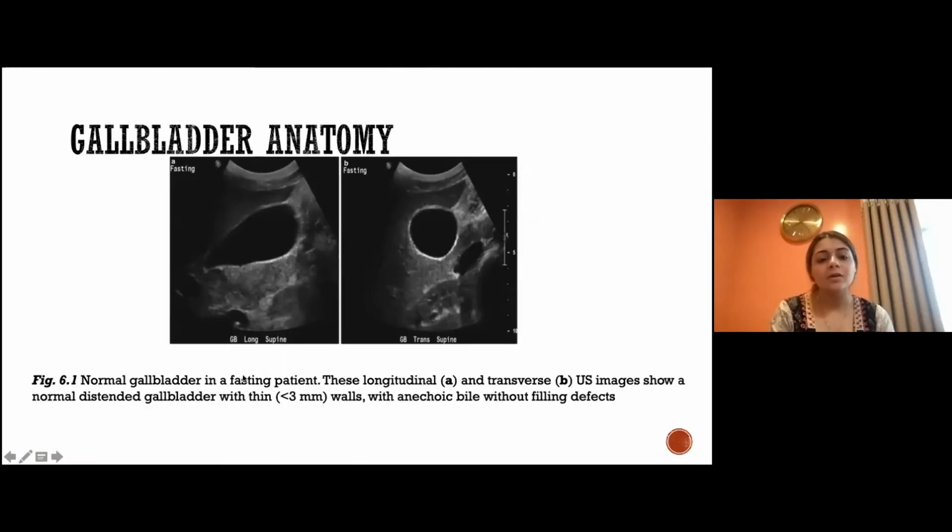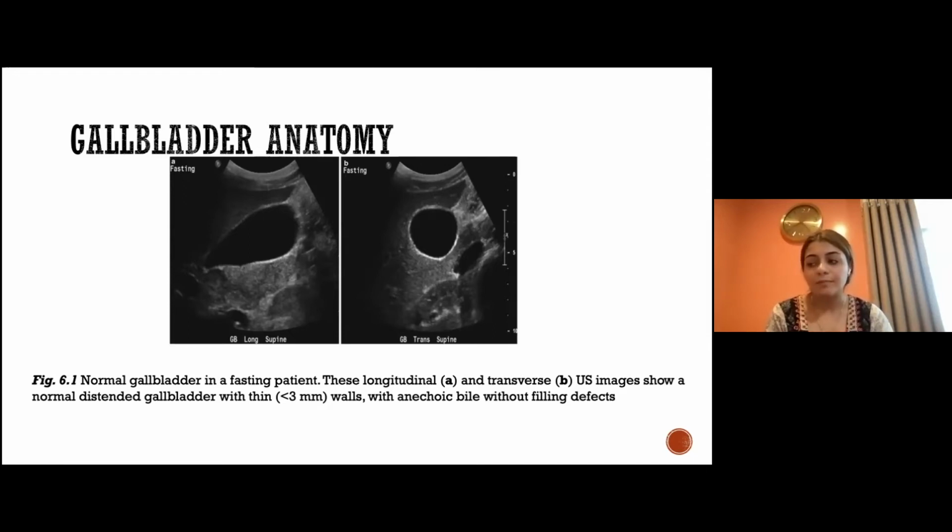Okay, so you have the gallbladder anatomy here, where you'll see the normal gallbladder, and this is in a fasting patient. So just to go back to the anatomy of the gallbladder, it's embryologically derived from the foregut, and you can see it's a pear-shaped muscular membranous sac, and it lies on the inferior surface of the liver and serves to store your bile, which is produced by the liver.